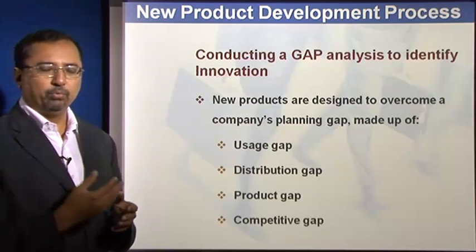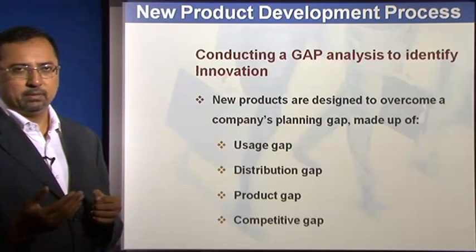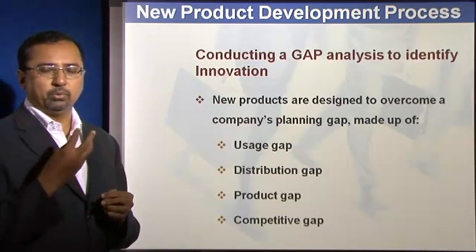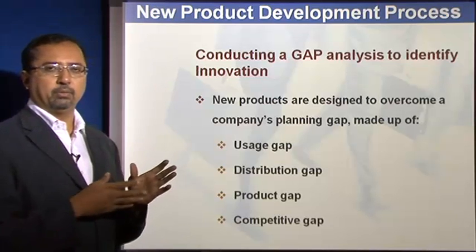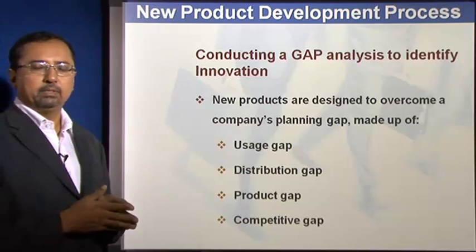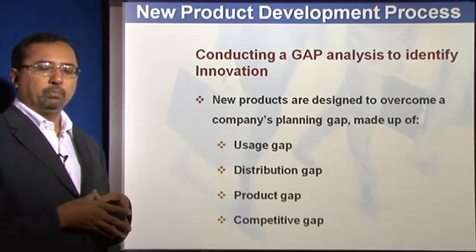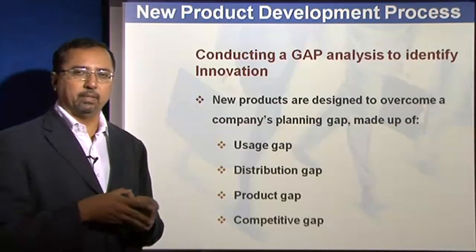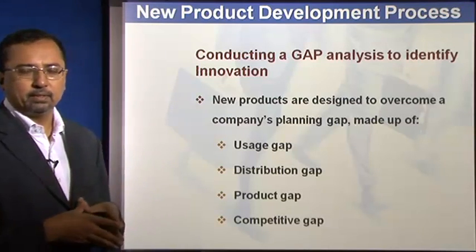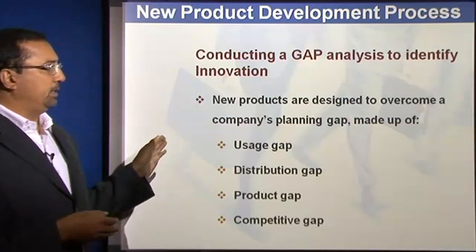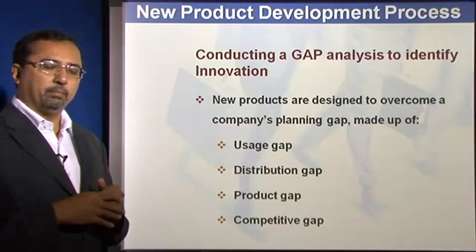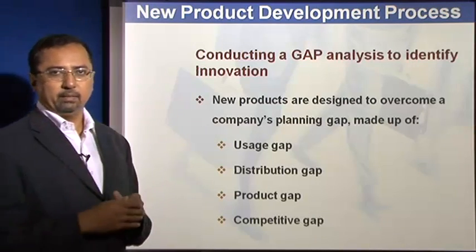For example, the move from tooth powder to toothpaste, from a powder form to a paste form. Similarly, in the paint business, from dry distemper to wet to oil-bound distemper. And finally, there could be other kinds of competitive gaps. Somebody has missed out something in some form or the other, and you are plugging away that gap. So there are various things that you need to do, and the best way to start off with is what is missing.